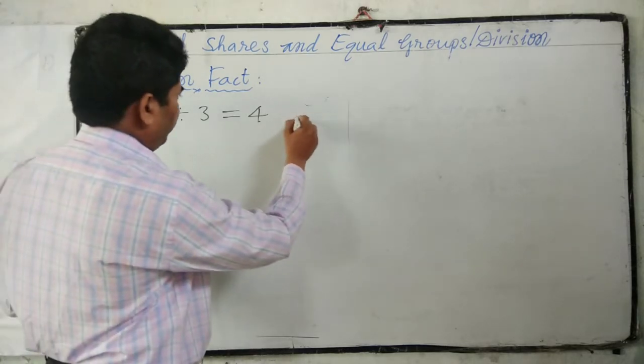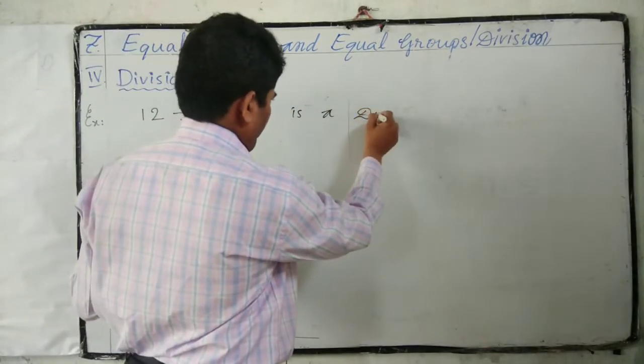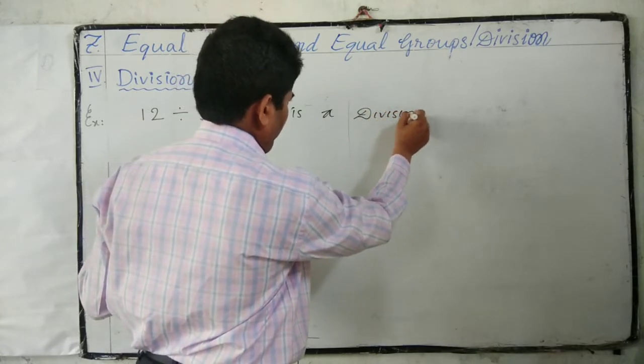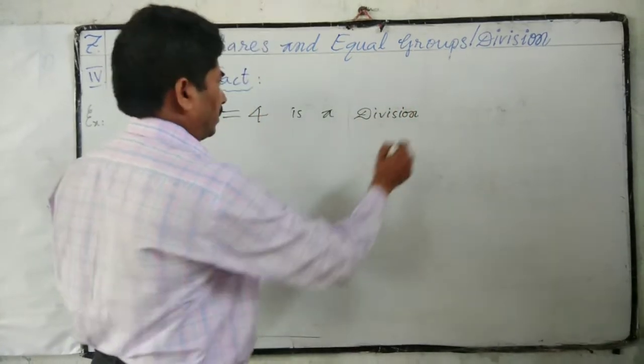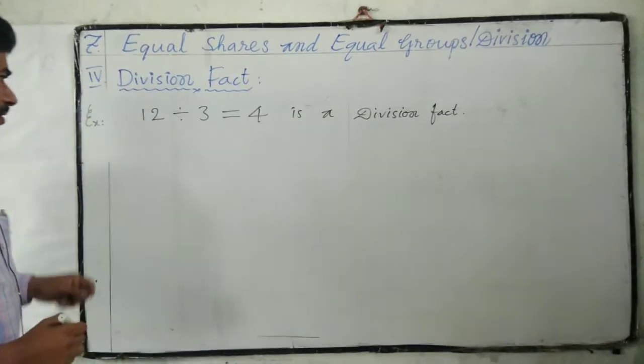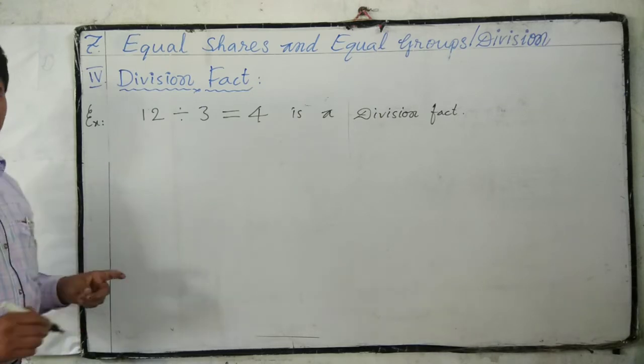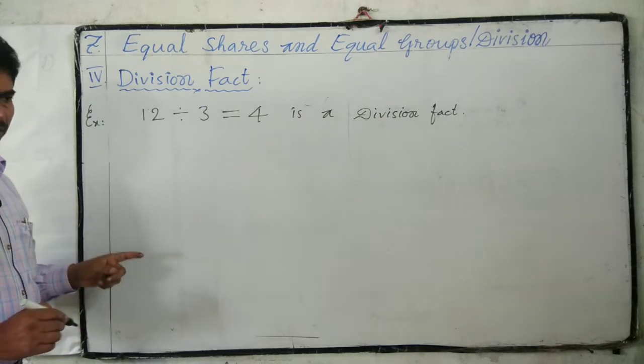This is a division fact. From this division fact, we have two multiplication facts.